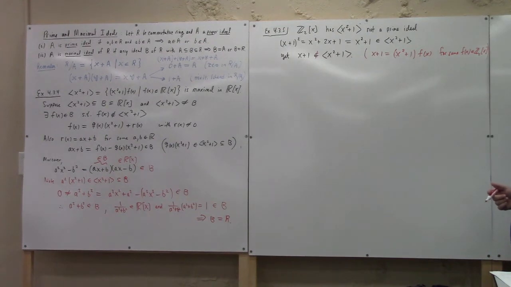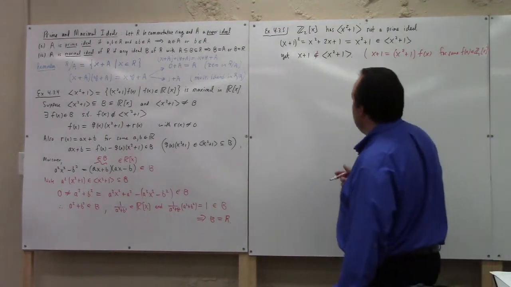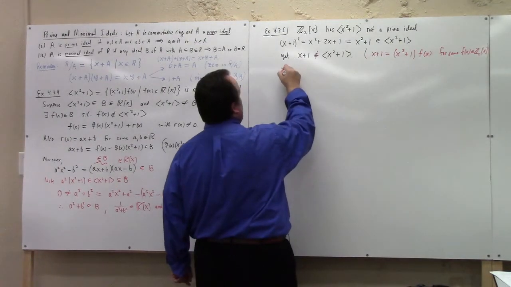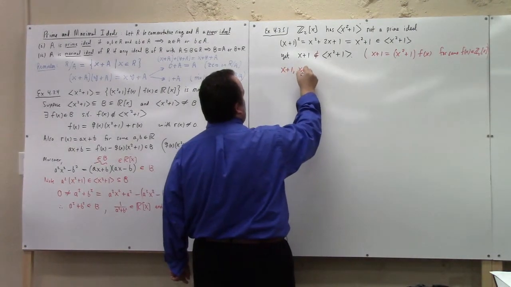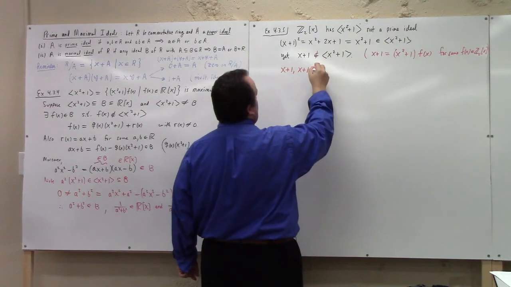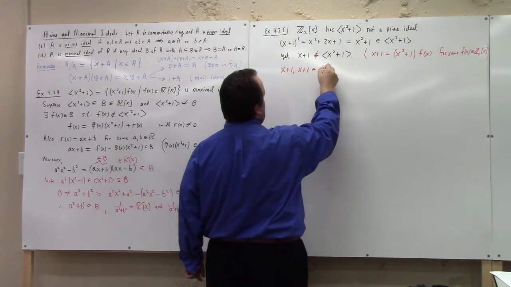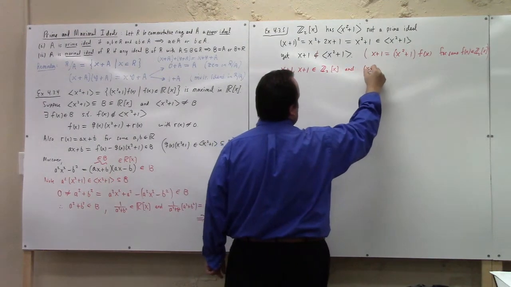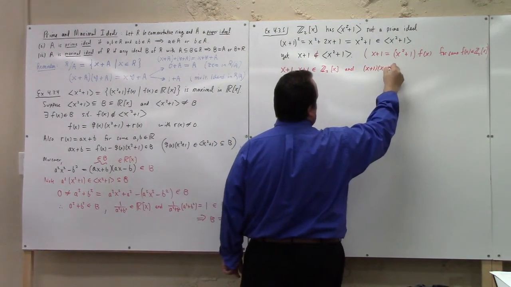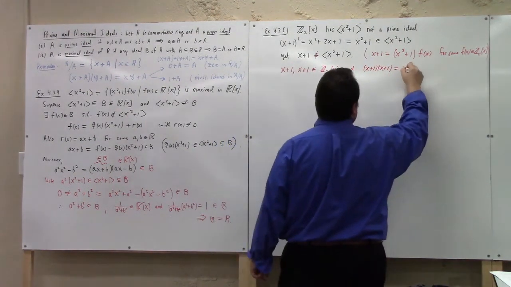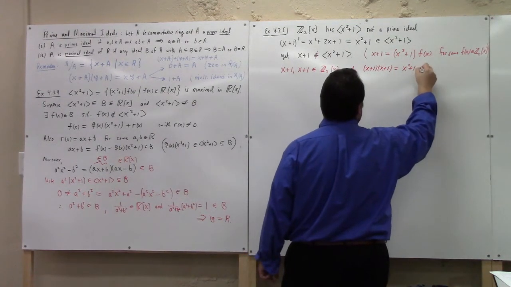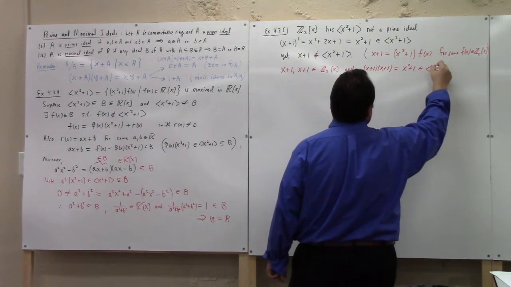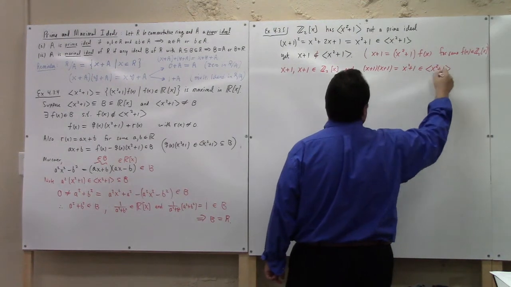Do you see why this proves that it's not a prime ideal? The proof is just this. You've got x plus 1 and x plus 1, elements of Z2[x], and their product, x plus 1 times x plus 1, is equal to x squared plus 1 by the above calculation, which is an element of the ideal generated by x squared plus 1.